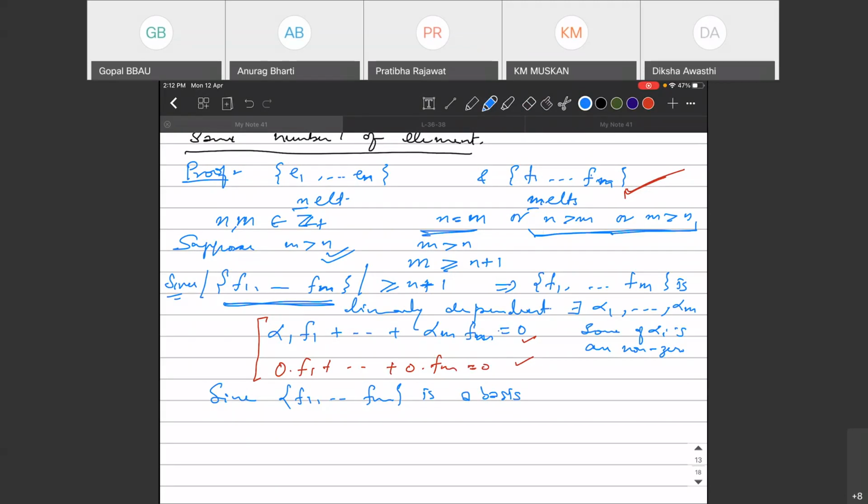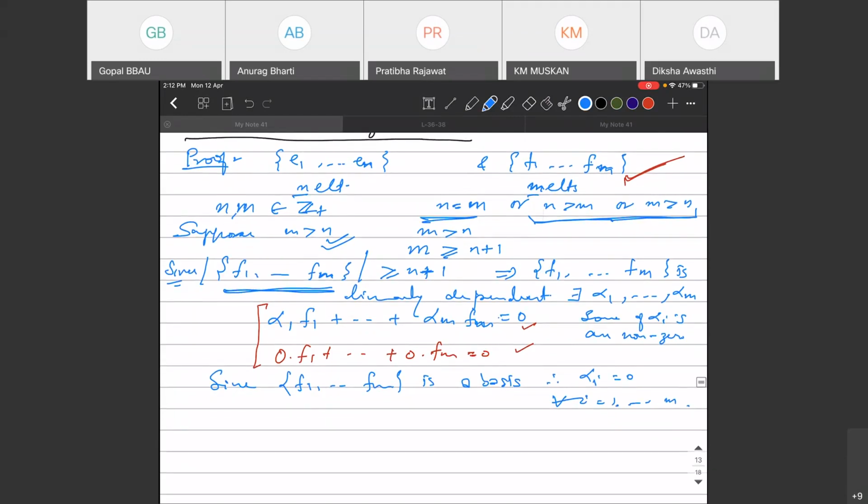So this is very important. So every vector in the vector space can be represented as a linear combination of these fi, and this linear combination is unique. From here, therefore, alpha i equal to 0 for all i equal to 1 to m. This is a contradiction.